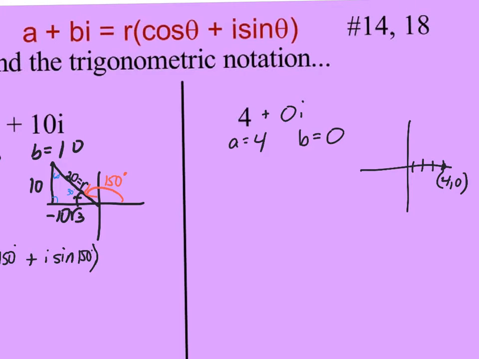So what is R? Well, actually, R is 4. So when we plug in, we're going to get 4 times the cosine of our angle. Our angle here is 0, plus i sine of 0, transferring us back into the imaginary plane.